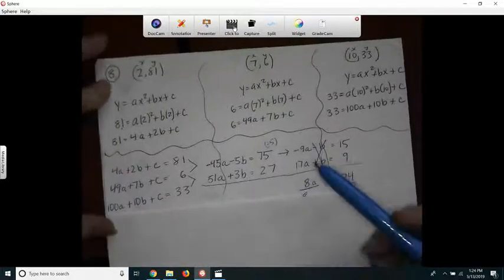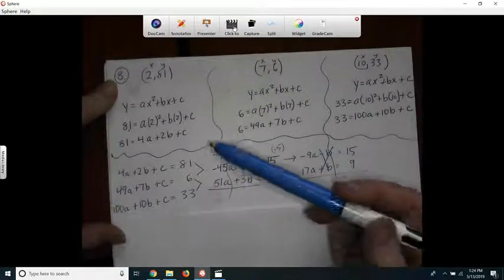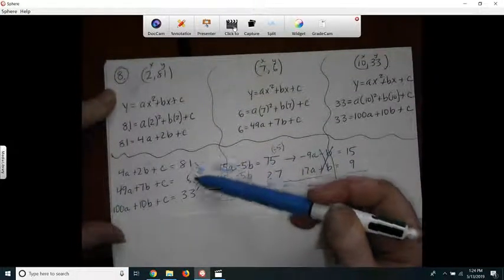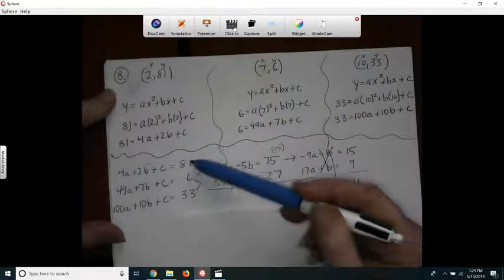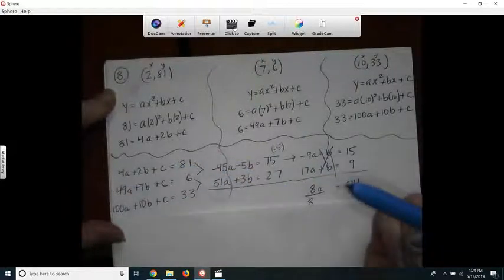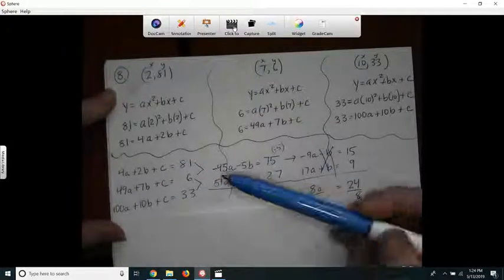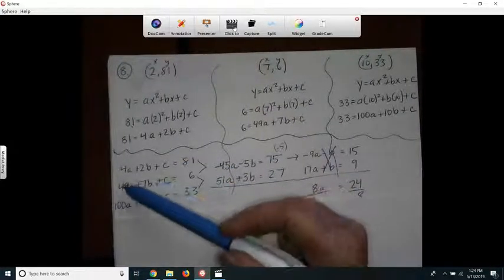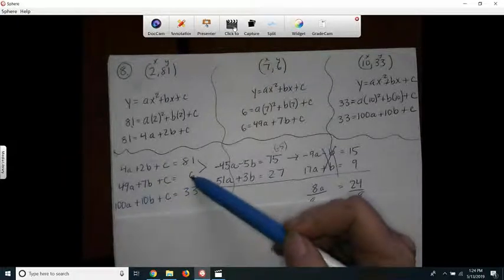My favorite way to solve a system of 3 equations and 3 unknowns is elimination. I don't even bother moving them around. I always just pick the top one and the middle one and ask what's easy to eliminate. The C is easy to eliminate, because I can put negative signs on all of these ones and add the 2 equations together.